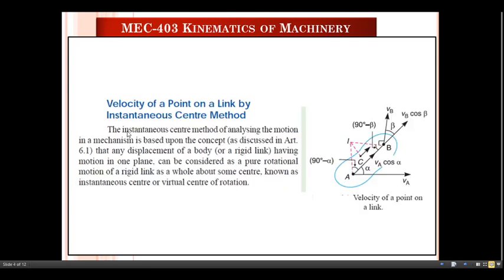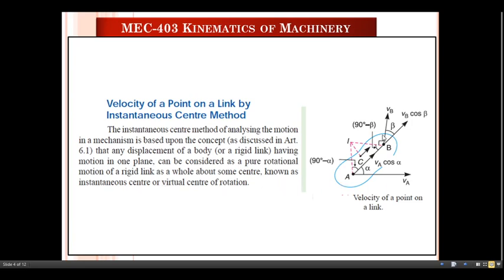So first of all, we will see the velocity of a point on a link by the instantaneous center method. For that, let us consider a rigid body. The instantaneous center method of analyzing the motion in the mechanism is based upon the concept that any displacement of a body having motion in one plane can be considered as pure rotational motion of a rigid link as a whole about some center, known as the instantaneous center or virtual center of rotation.